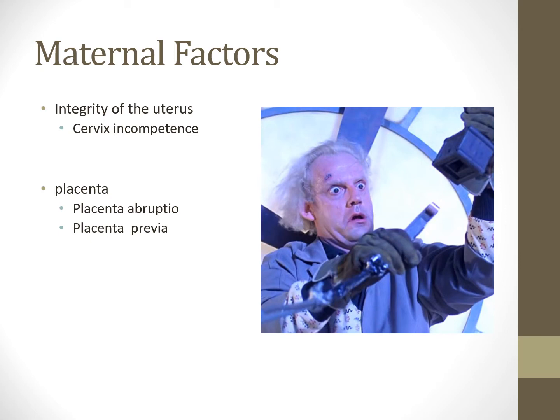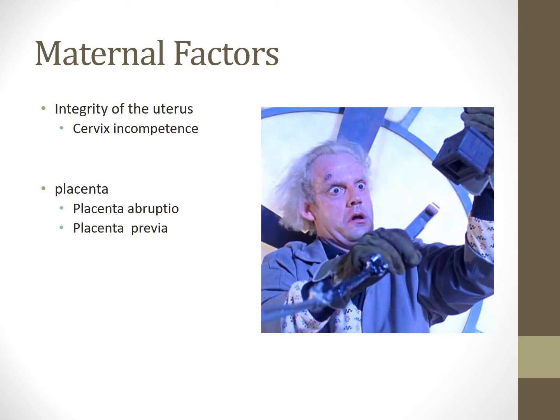Placenta previa means that the placenta is covering the opening of the birth canal. In other words, it's covering the opening of the cervix, and so the baby cannot be delivered vaginally. The placenta got attached to an area very close to the opening of the uterus there, and so the baby's not able to come out.